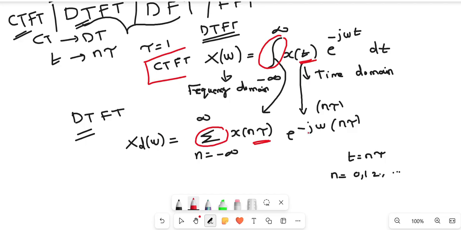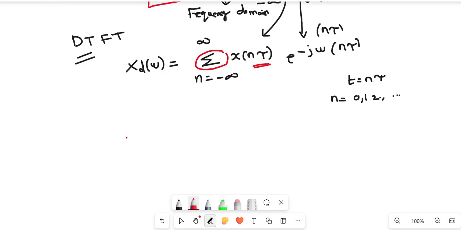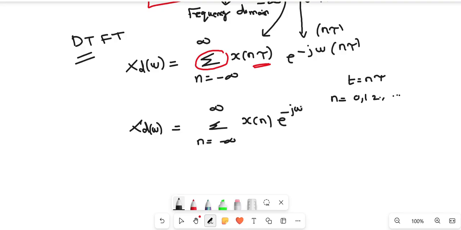Now if tau is assumed to be 1, then you can write the equation xd of omega is equal to summation of n equal to minus infinity to plus infinity x of n into e power minus j omega n. This is the second equation.